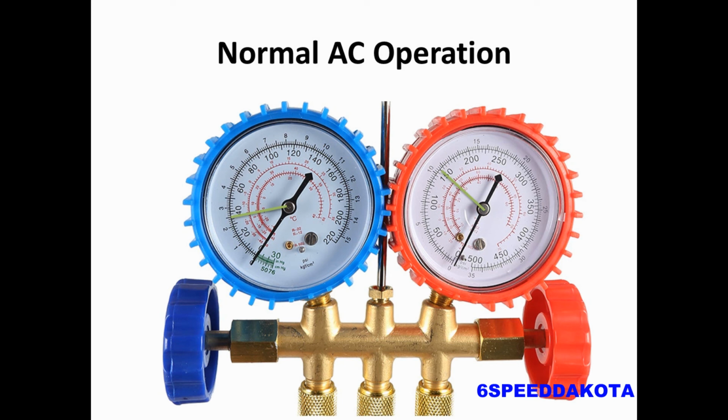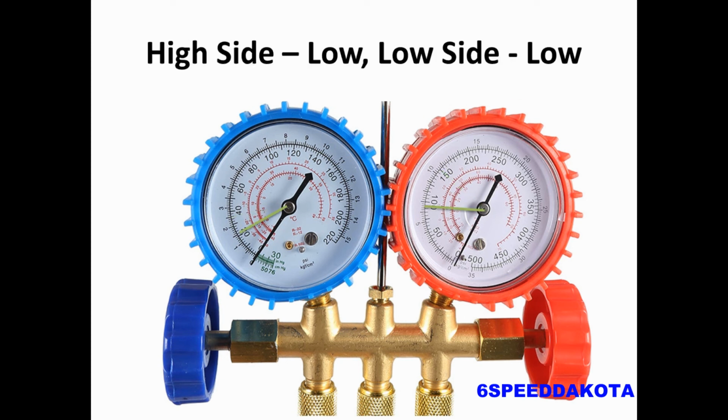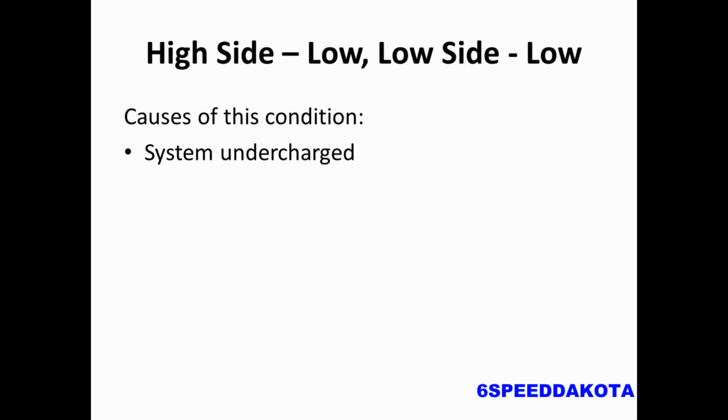So our normal AC operation, again, this is general. We see our high side pressure has come up over ambient, and our low side pressure has come down under our static pressures. So if both our high side and our low side are abnormally low, then we can assume that our system is most likely undercharged, or there's too much oil in the system.